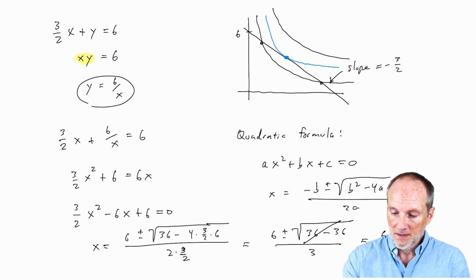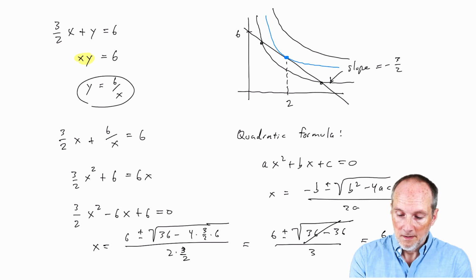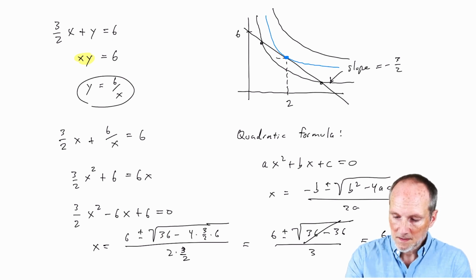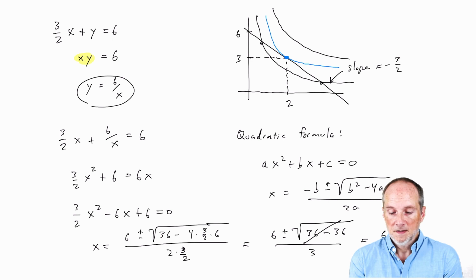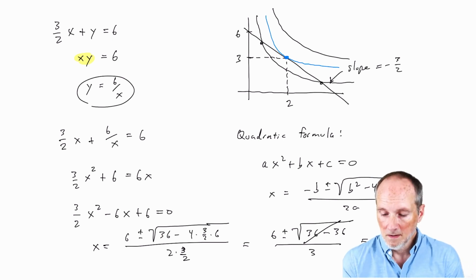So that tells us that we are in the case of the blue curve here, where there's a unique solution. And of course, if x is equal to 2, well, 6 divided by 2 is 3, so that gives us our value of y.